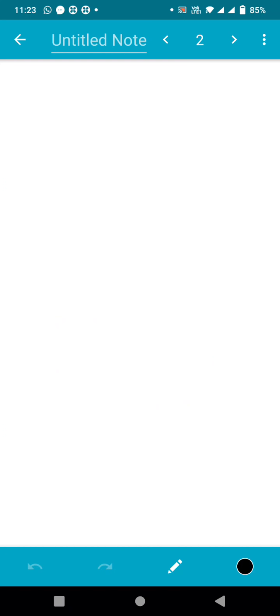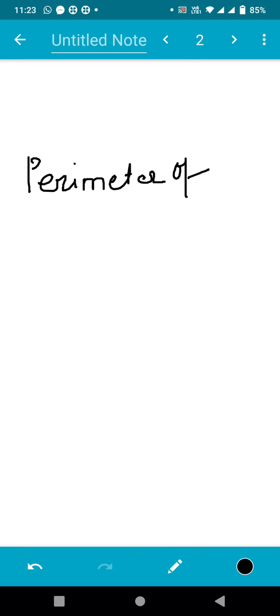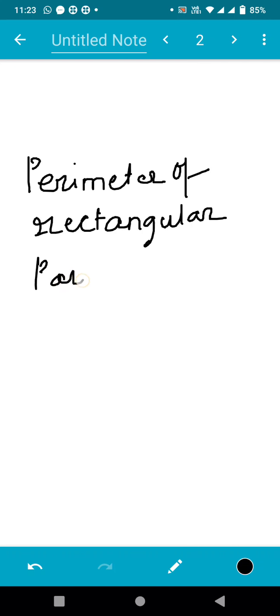We'll write perimeter of rectangular park, and that will equal 2 times length plus breadth, isn't it?